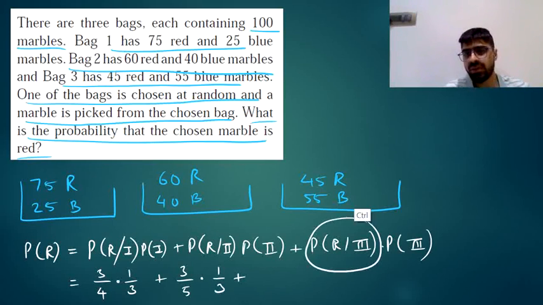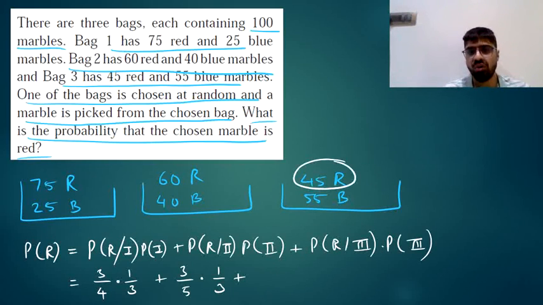Similarly, P of R given 3. From the third box, the probability of selecting a red ball is 45 upon 100, which is going to be 9 by 20, into 1 by 3. I think we should keep the denominators as 20, as that's the LCM.